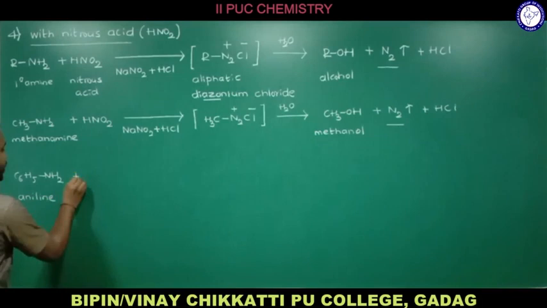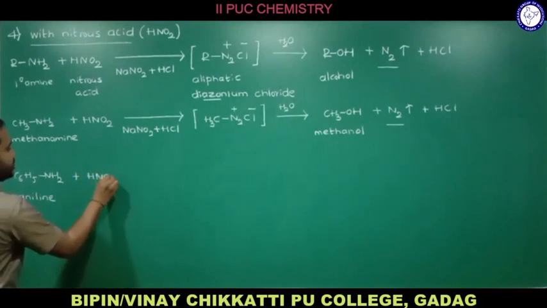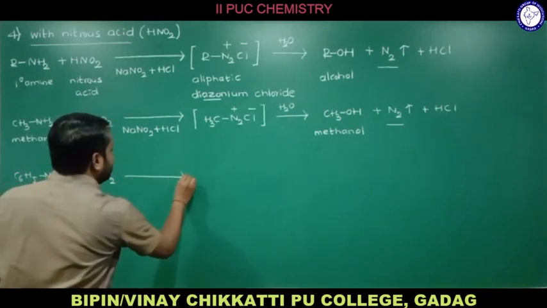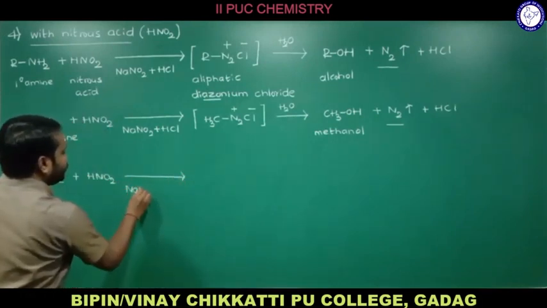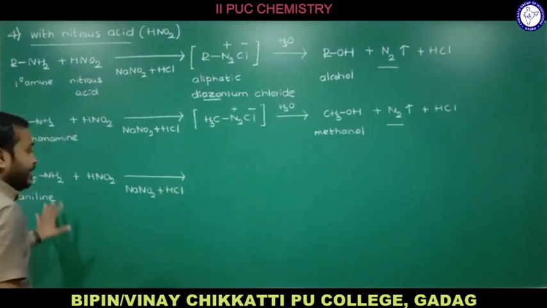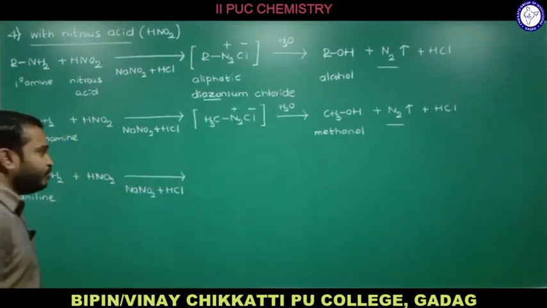So when aniline reacts with nitrous acid, that is HNO2, as we know, nitrous acid is produced by the combination of sodium nitrite and hydrochloric acid. Here also we get a compound, and what is that compound?